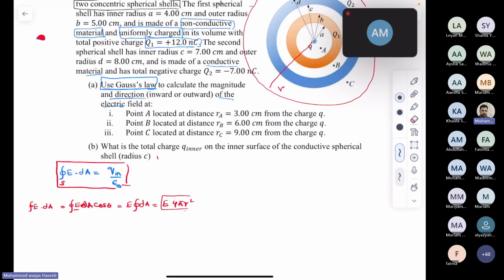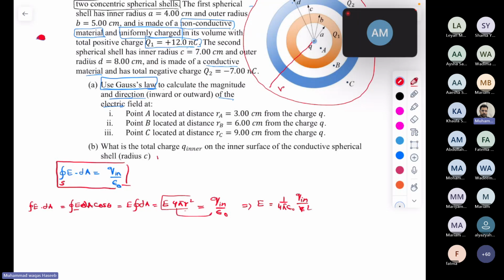So this is a closed surface, and it is equivalent to Q inside divided by epsilon naught. So what is the electric field now? E is equal to 1 over 4 pi epsilon naught, Q inside divided by r squared.